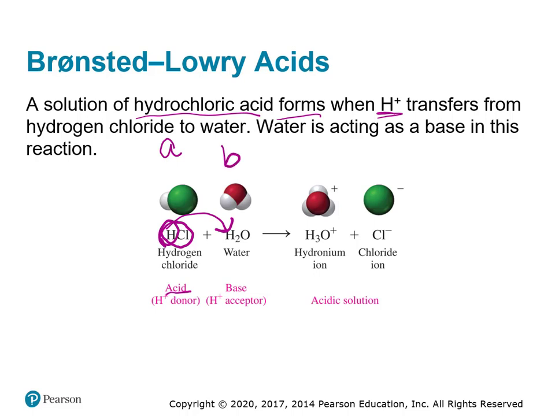Bases are proton acceptors, so water is acting as a base, which is an H+ acceptor. So over here on my products, H2O becomes H3O+, and we know that H is a +1 and Cl is a -1 chloride ion. It's by itself.